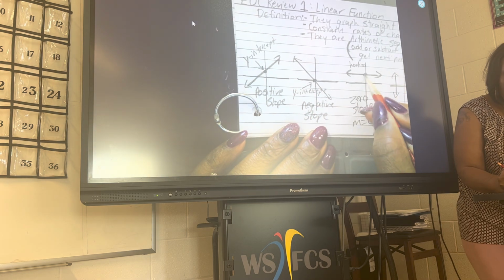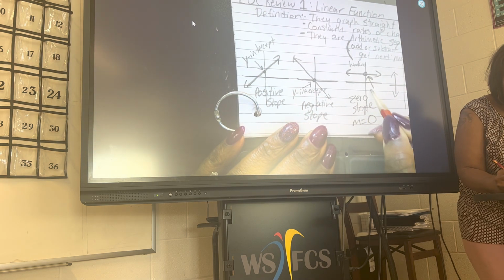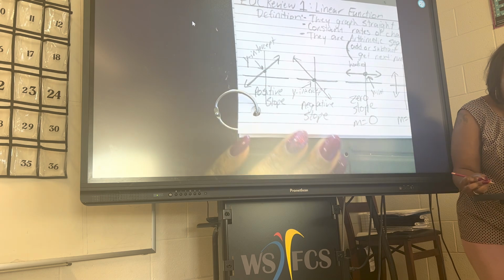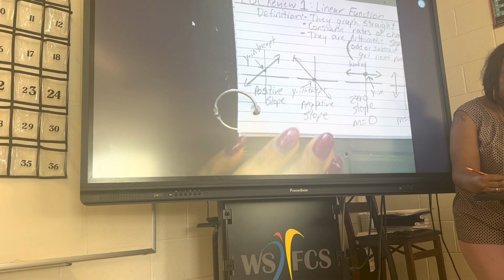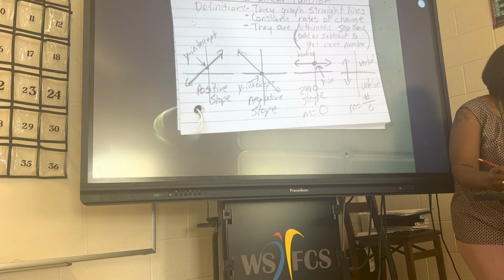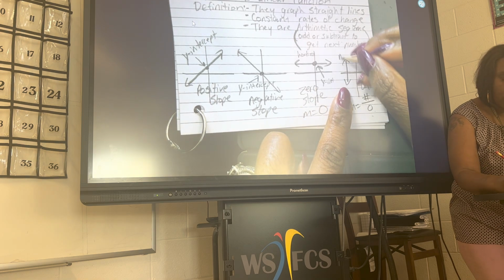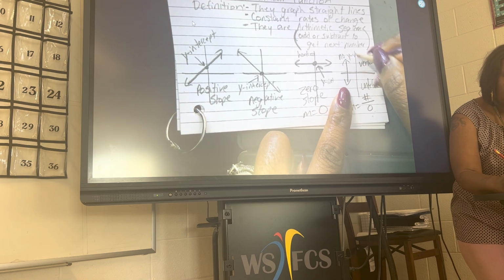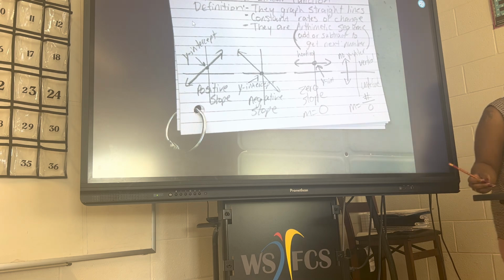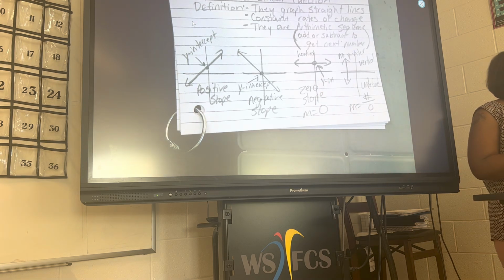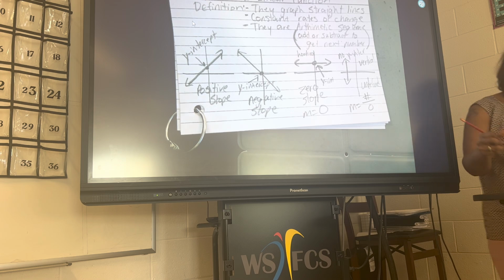This is the only line that does not have a y-intercept. No y-intercept here. Any questions about that? Okay, that's card number 1.